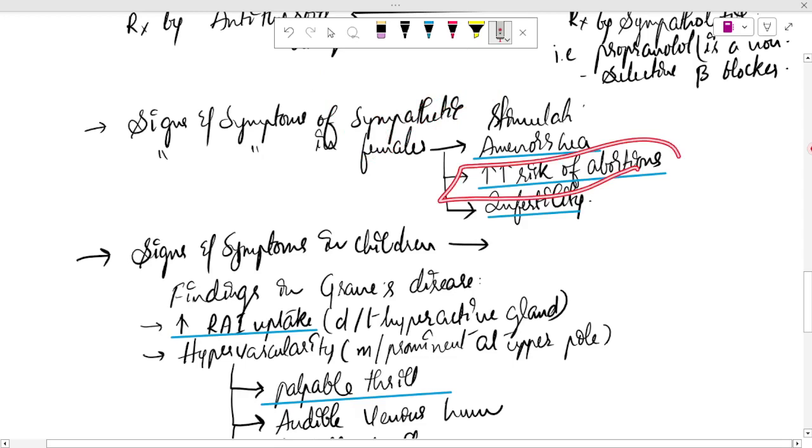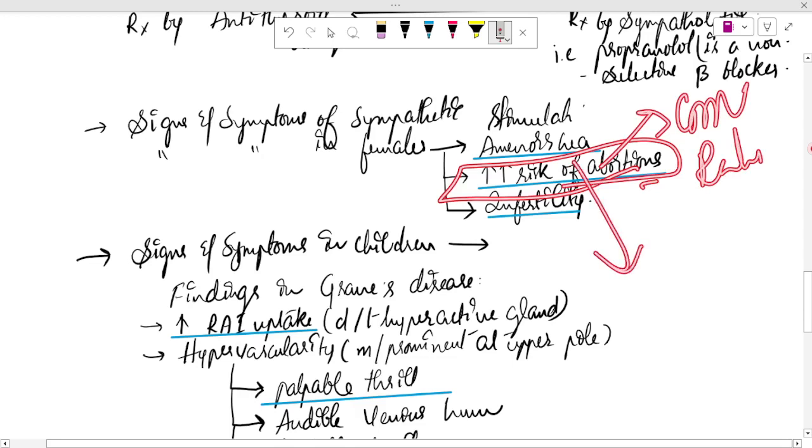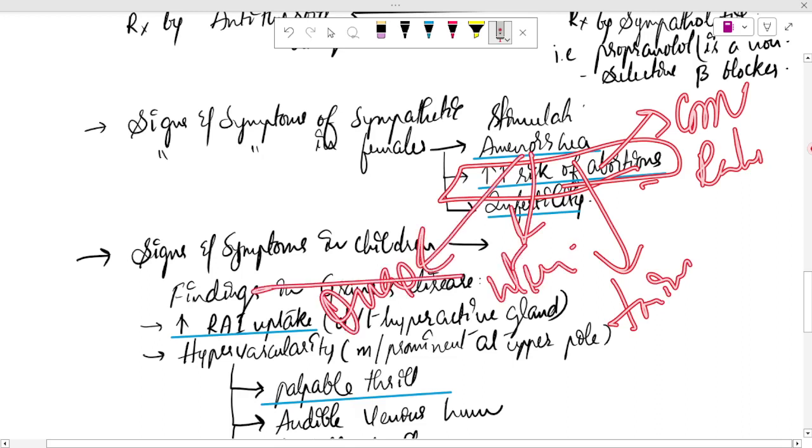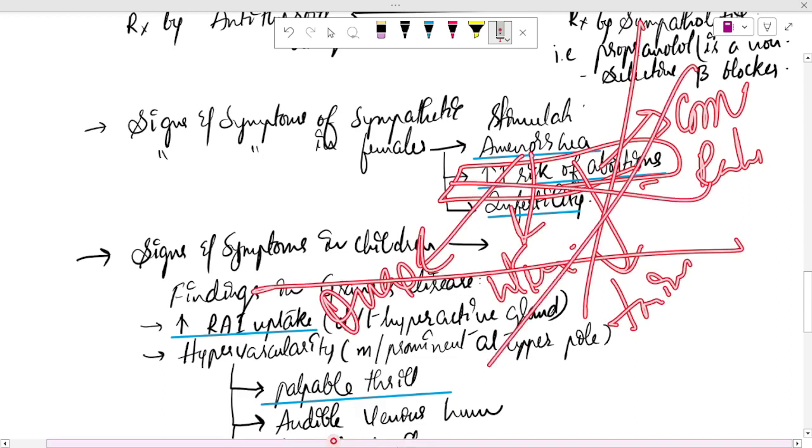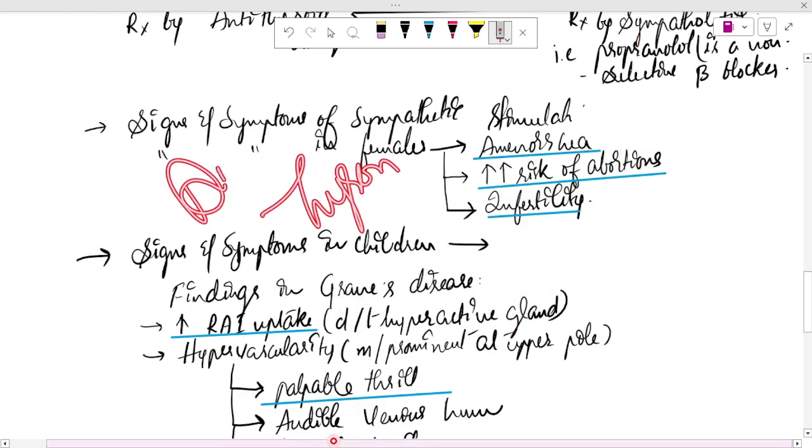When they see increased risk of abortions, they simply go for CMV or rubella, or toxoplasmic infections, or uterine anomalies, or ovarian anomalies. All these are nonsense. Thyroid is the prominent one. Yes, diabetes is also important.